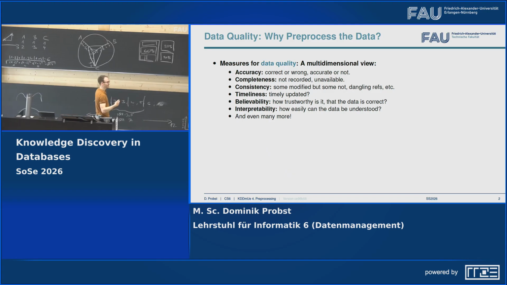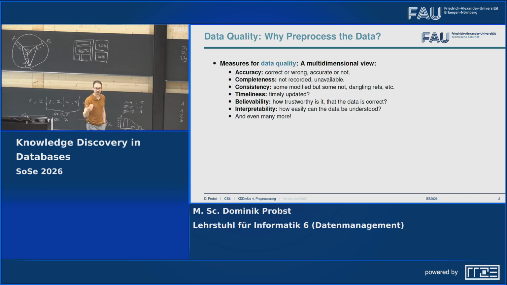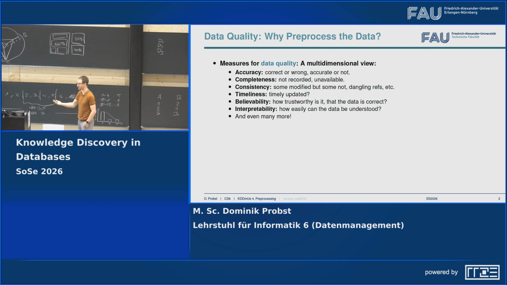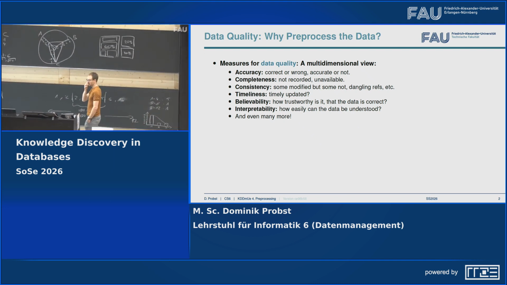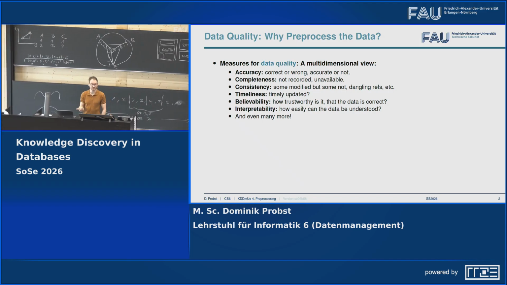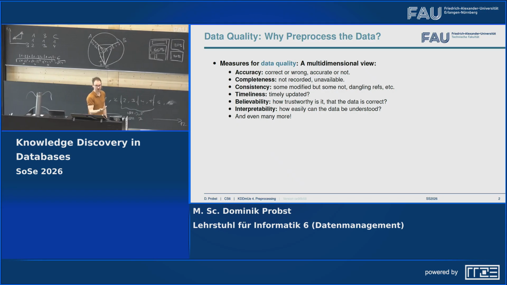We need as complete as possible data. If we are missing a lot of information and we have a lot of nulls in our data set, that's not good. We need consistent data. So data should be in the same format every time.